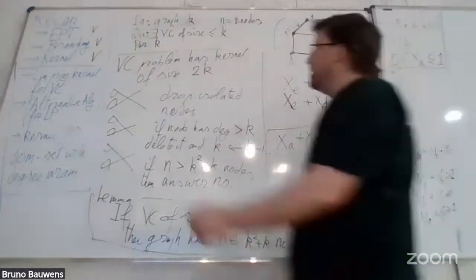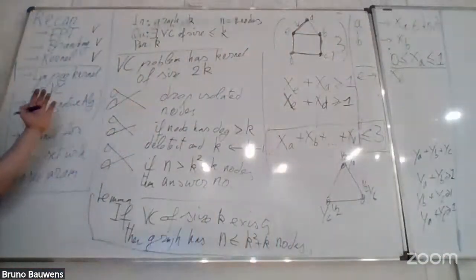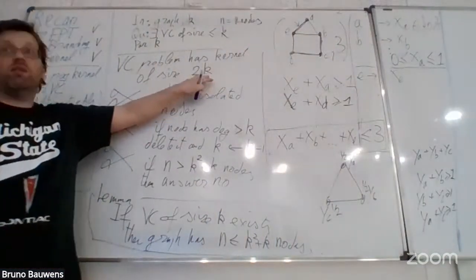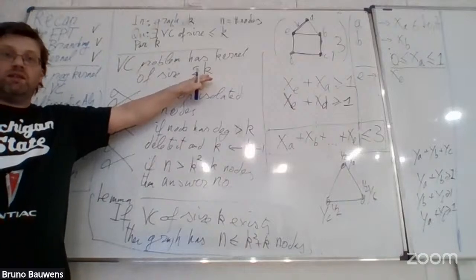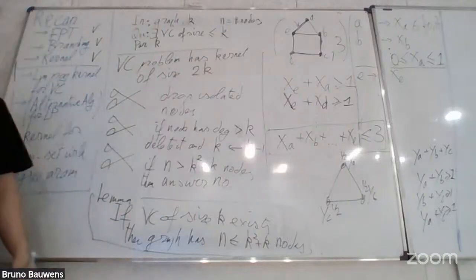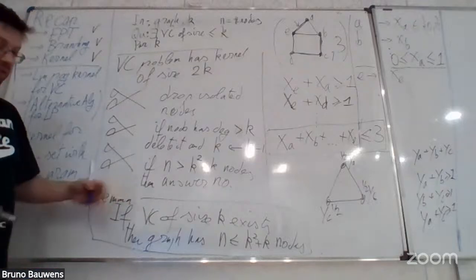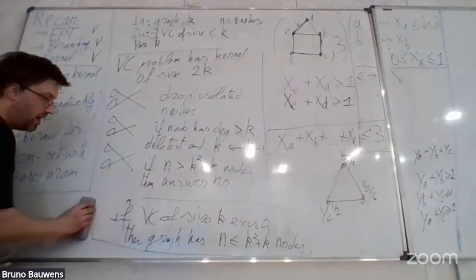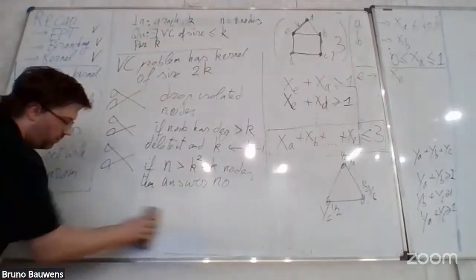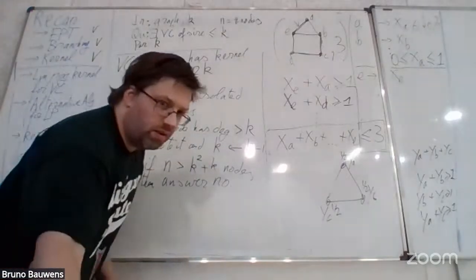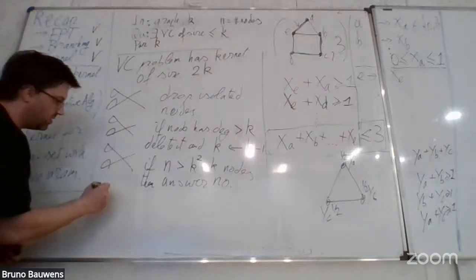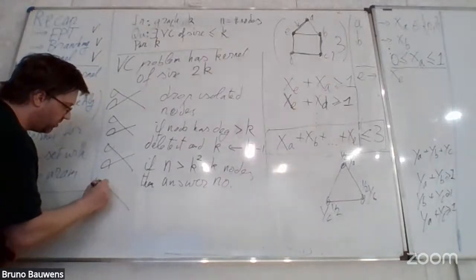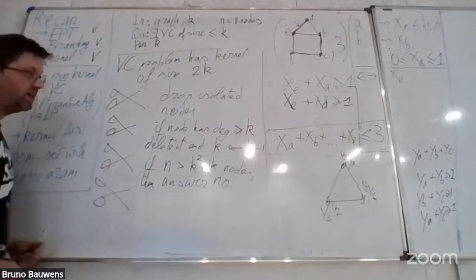So now let's return: how does this connect to creating a kernel? It turns out that we make a fourth rule. It was invented by Nemhauser and Trotter in the 70s, long before people thought about kernels. The rule is very simple.